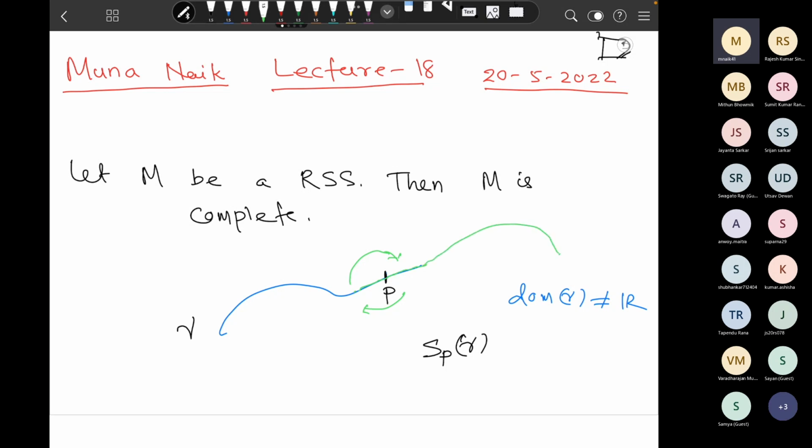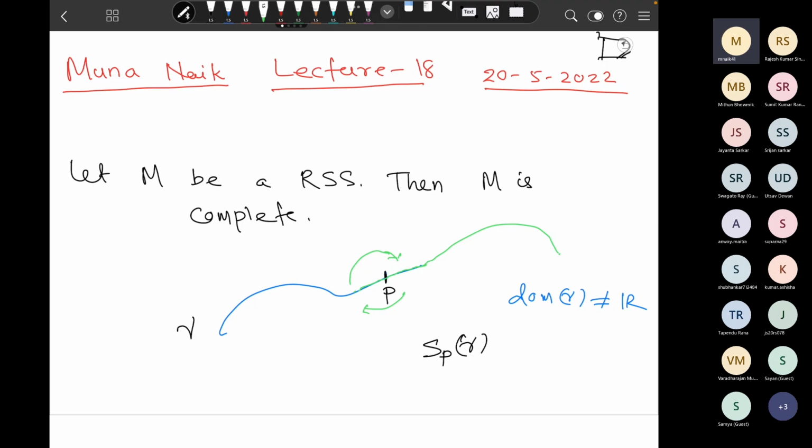Then we get an extension of this geodesic gamma, and that contradicts the maximality of gamma. That shows that M is geodesically complete, therefore M is complete.